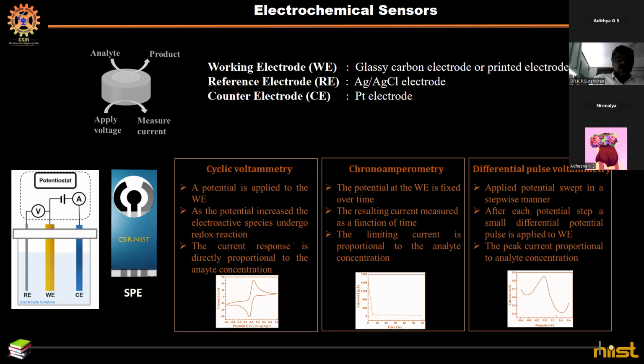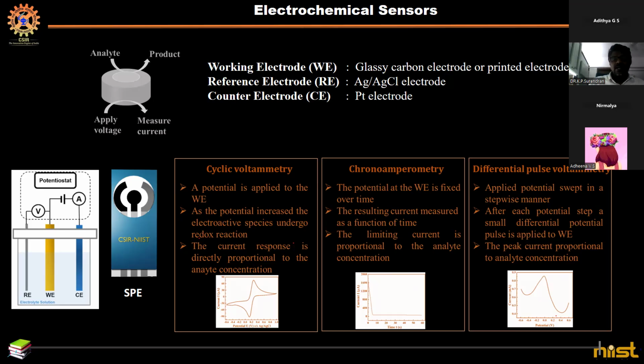So we thought we will not work on cyclic voltammetry, and we will not work on the glassy carbon electrode either. We wanted to make our own electrode, a printed electrode, where we resorted to a technique called chronoamperometry.